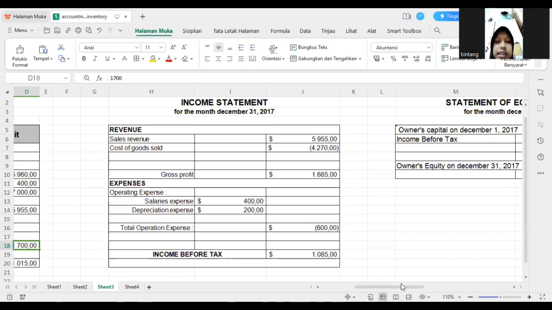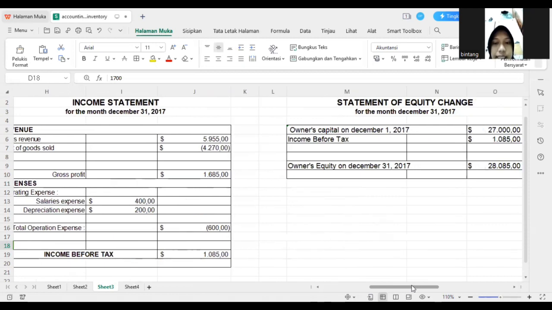And we less the gross profit with operating expenses, and then we get the income before tax. The amount is $1,085.